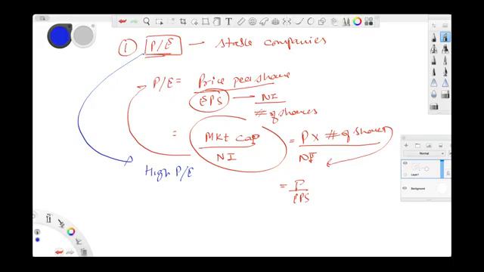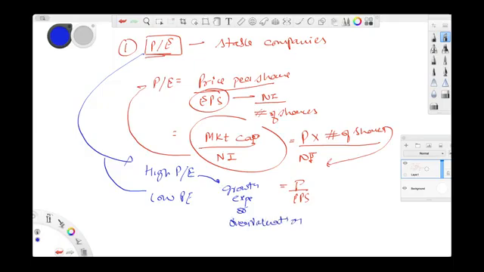If your company has a high PE as compared to the industry PE, then it means that it is overvalued. If the PE is low... so high PE again means there is a growth expectation. So both things are there, growth expectation or overvaluation.